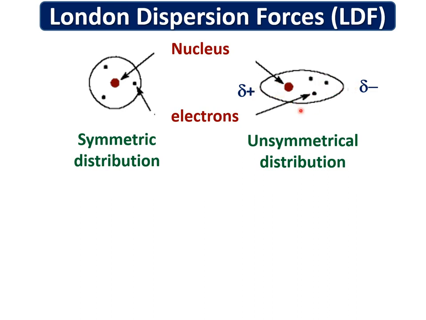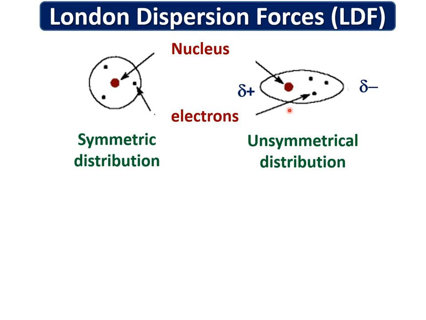The first one was a symmetric distribution. In any case, maybe some external influence may inspire this change, or even without an external influence, the movement sometimes may deviate from the symmetric distribution.